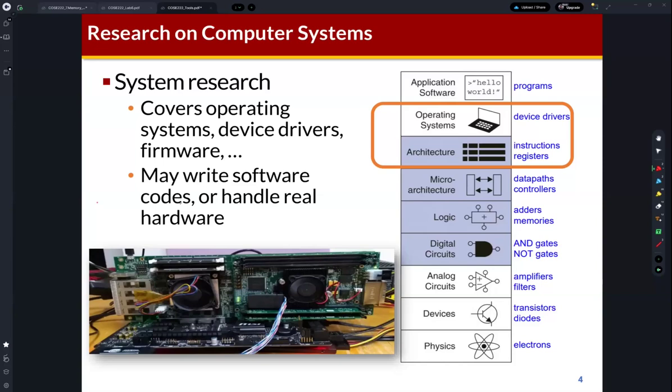So what does that mean? In order to build a CPU chip, we would require knowledge of circuit design. It's just implementation. In order to implement it, we require knowledge like analog circuit design and device design.